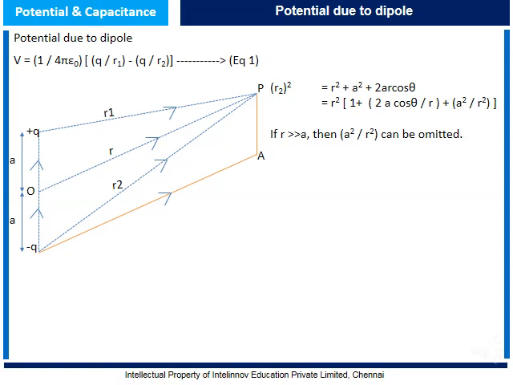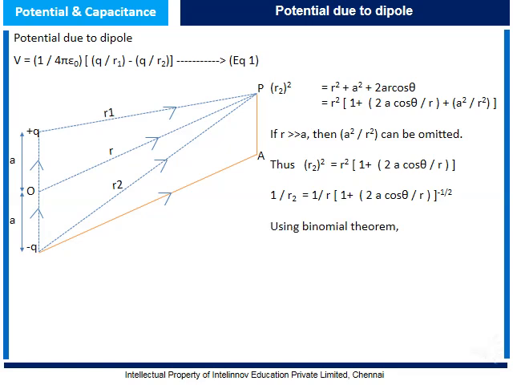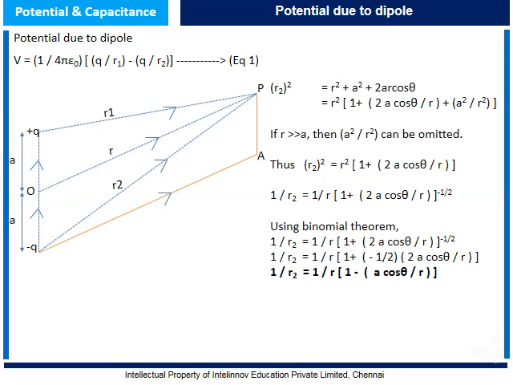Thus, R2 square can be rewritten as R square into 1 plus 2a cos theta by R. Thus, 1 by R2 becomes 1 by R into 1 plus 2a cos theta by R to the power minus 1 by 2. Using the binomial theorem, we get 1 by R2 equal to 1 by R into 1 minus a cos theta by R.